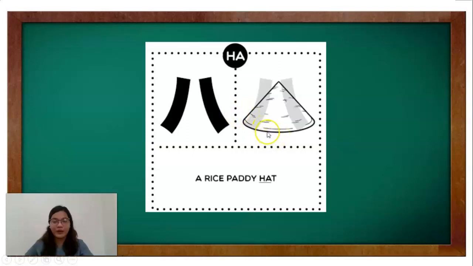Next row is the ha row. So let's start from ha. Think of a rice paddy hat. So ha as in hat.